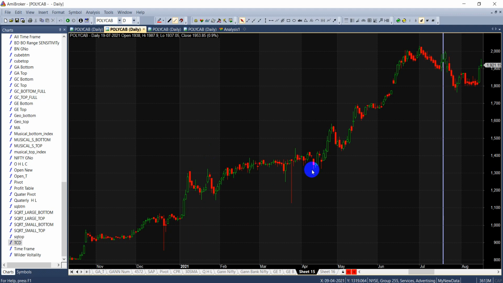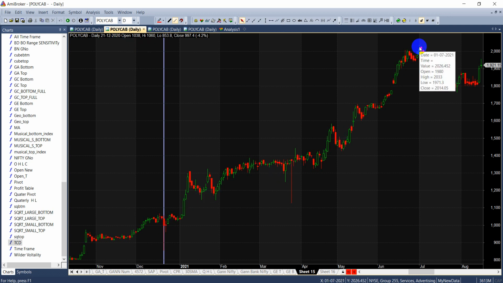This is the Polycab chart, and if you can see here, it made a bottom somewhere here, right around 853 on 21/12/2020. Then the price rallied and made a top here, which was a major top. From there, we had a very decent correction, more than around 10%.